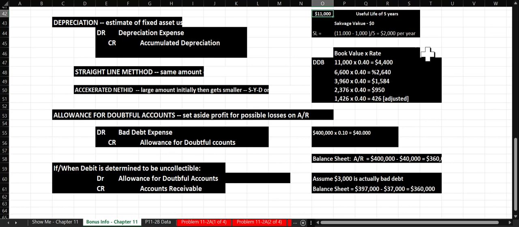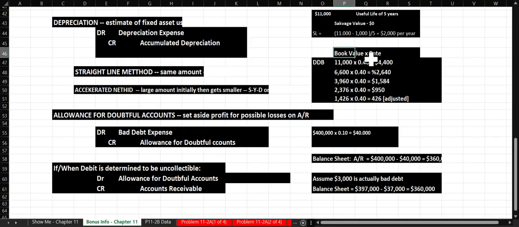So if you hear the expression two sets of books, it's not necessarily a nefarious statement, a statement indicating that they are trying to hide anything. It's allowed. In fact, you have to use this method, the accelerated method, based on the IRS laws, but you can use any other method for your financial statements.